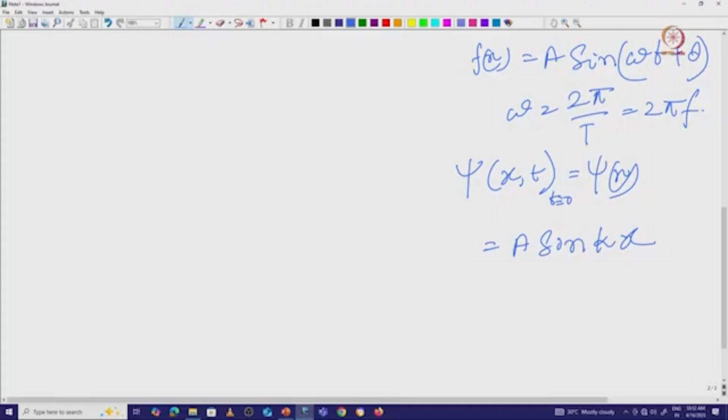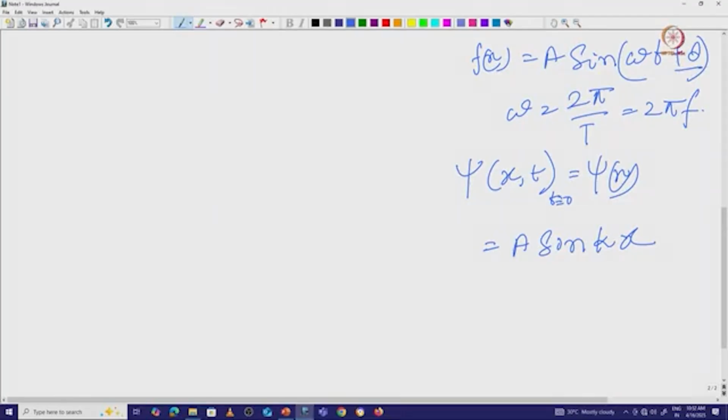Now in this particular case you can see that we do not have any phase difference, so there is no phase angle difference here. We can modify this.